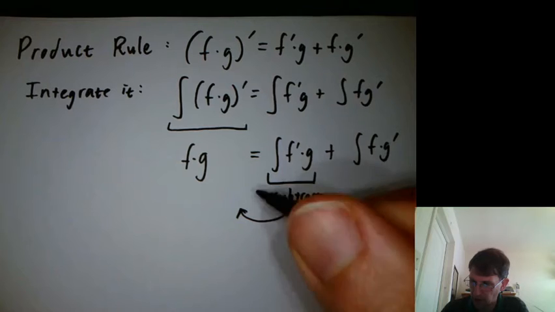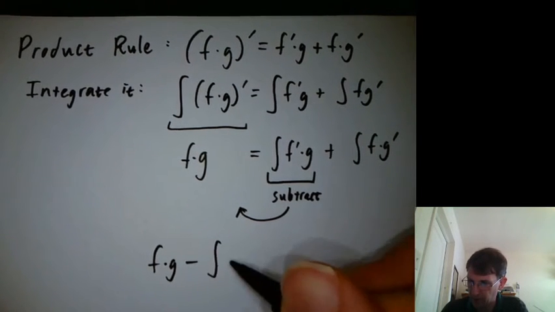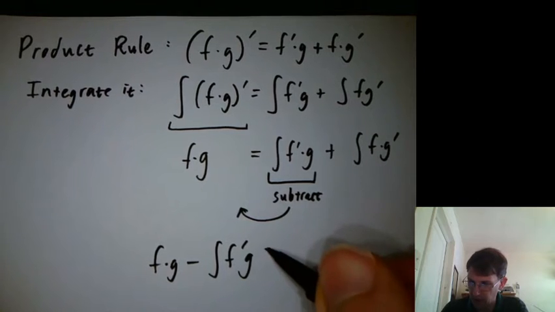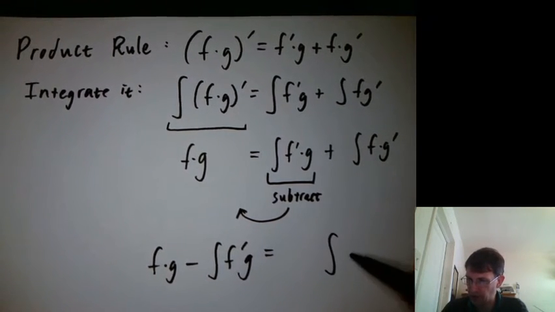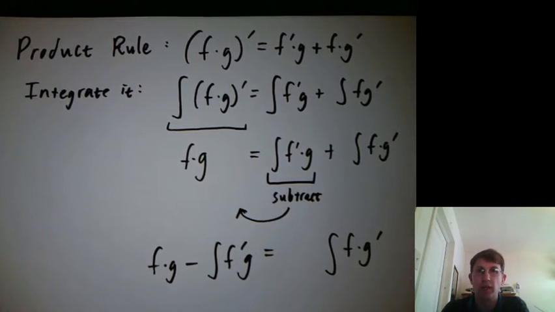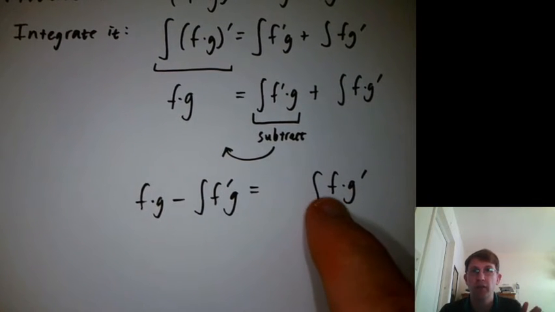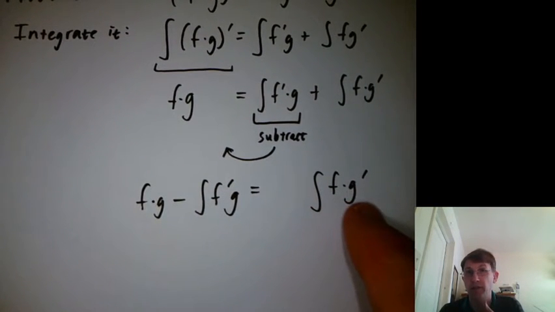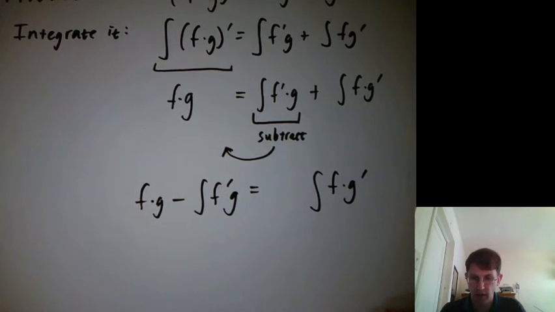It'll move over here with a minus, so we'll get f times g minus the integral of f prime g equals, and then that's missing from this side, and now we'll have the integral of f g prime. So if you had an integral of something times the derivative of something else, you could use this formula to rewrite that integral.